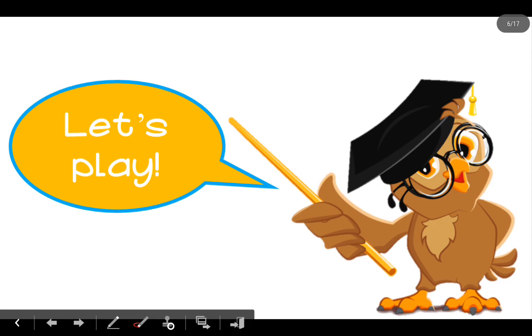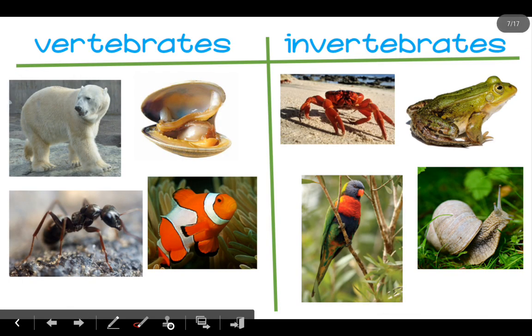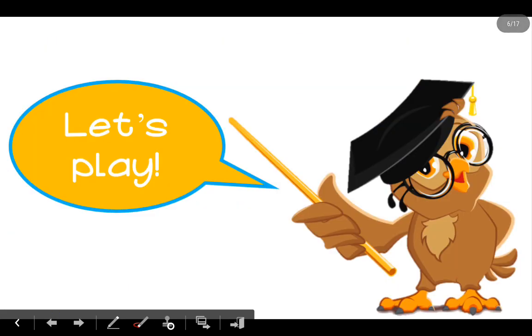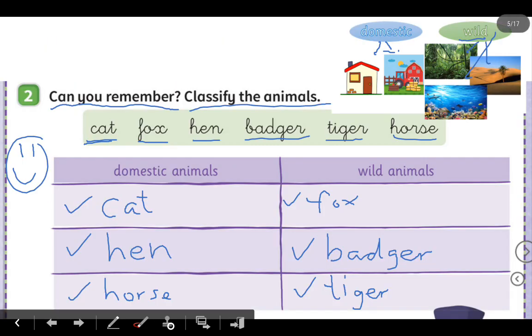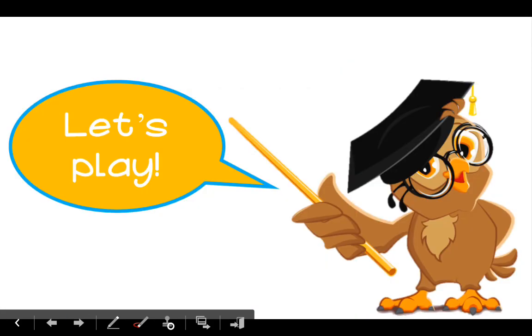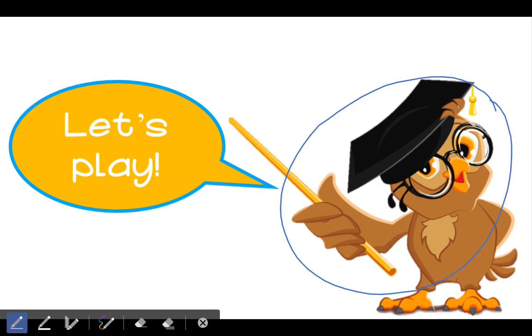Now we're going to play to remember everything in the unit, alright? So the first thing is this. We're going to be mini teachers, like this owl here. Can you see the owl in here? You are going to be a mini teacher.